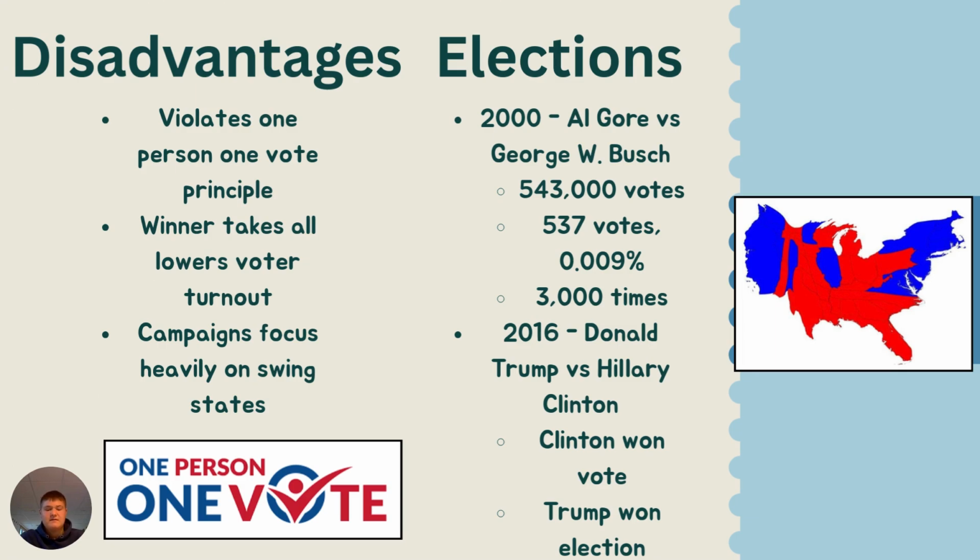This means that a vote in Florida would have been 3,000 times more meaningful than a vote in a safe state like Utah that year. This caused a lot of uproar because people could not fathom how close the election was, and they demanded recounts. Also in 2016, Donald Trump versus Hillary Clinton, Clinton won the popular vote, but Trump won the election via the Electoral College.